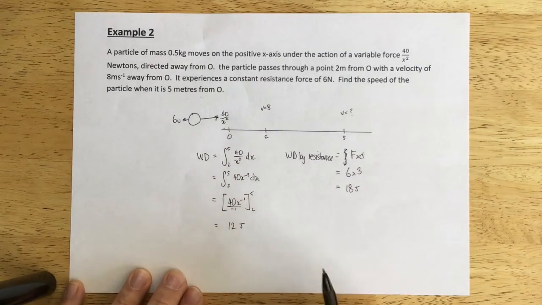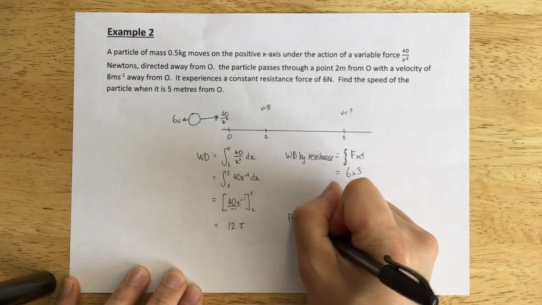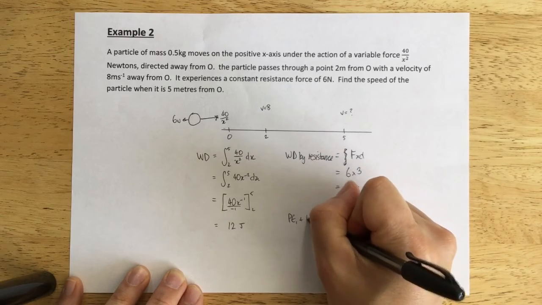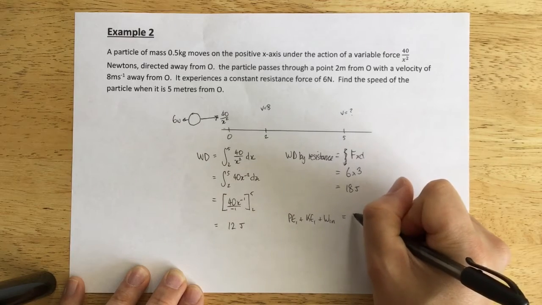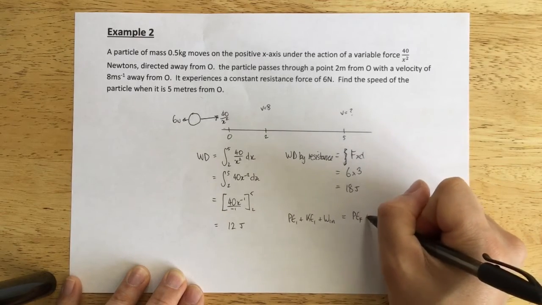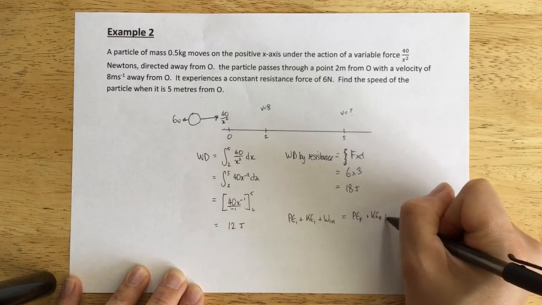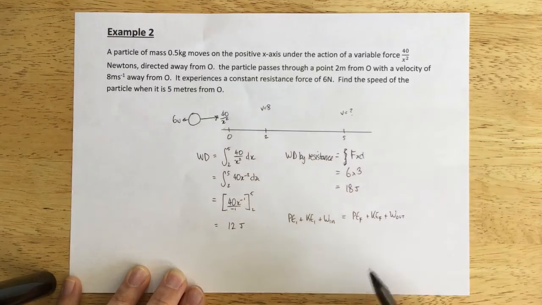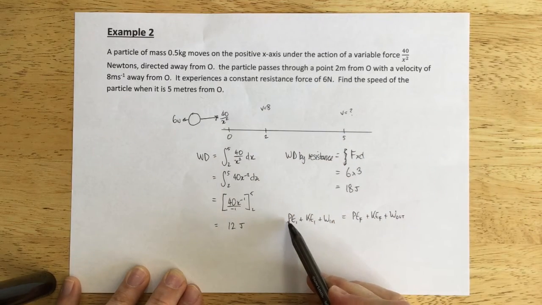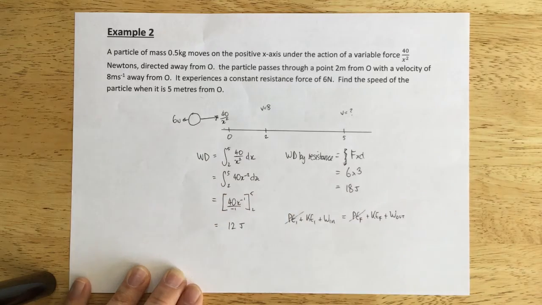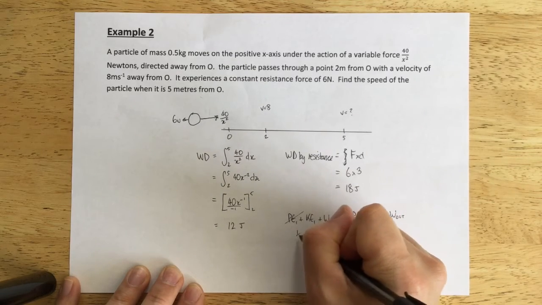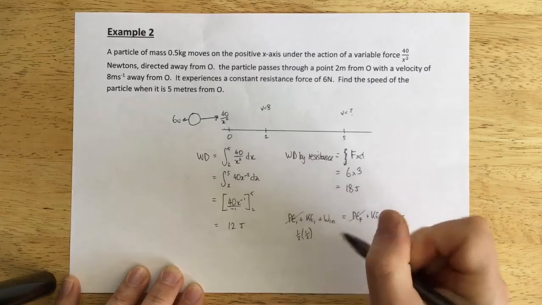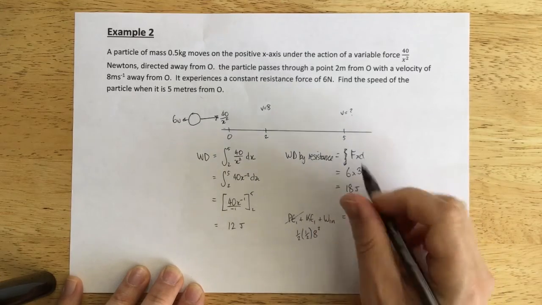Now again, using our work energy principle, the initial potential energy plus the initial kinetic energy plus the work in equals the potential energy at the end plus the final kinetic energy plus any work out. Again, your potential energies here, it's along the x-axis, so there's no potential energy. The initial kinetic energy is a half times m, which is a half times 8 squared.